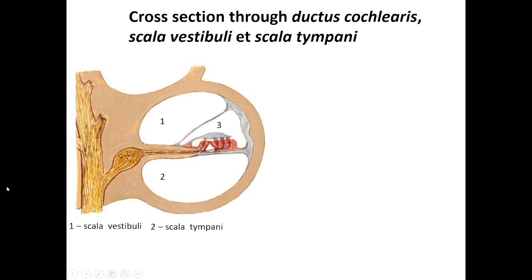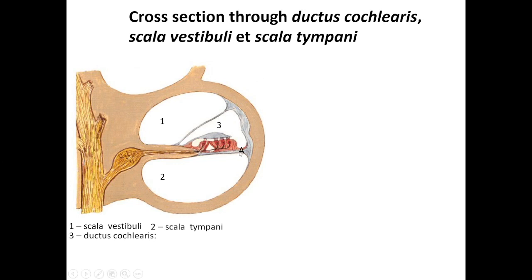And you can see that these walls of ductus cochlearis are soft. Really, it's a membranous wall. This is also a membranous wall, and only this wall is hard because it's a bony wall.